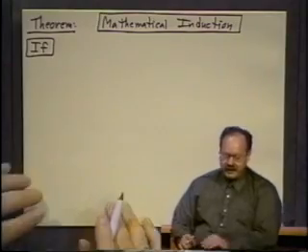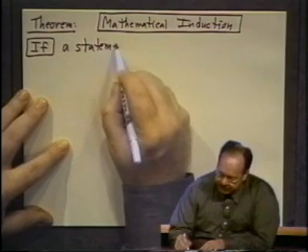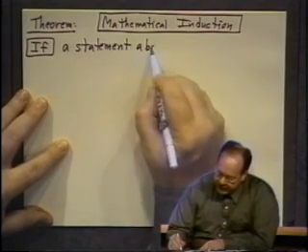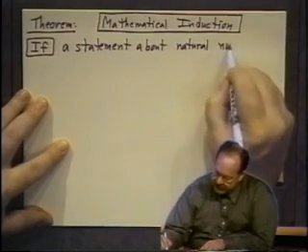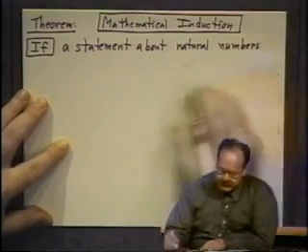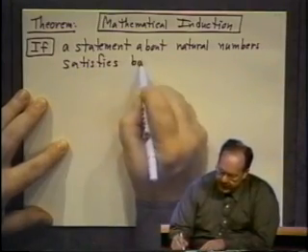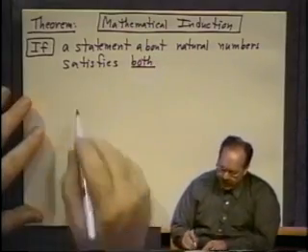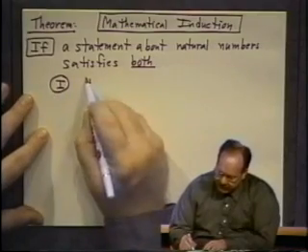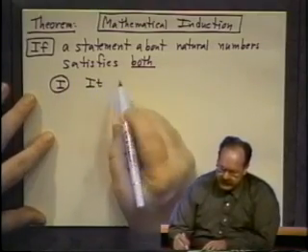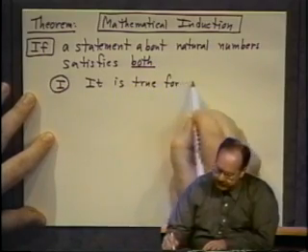But for now, mathematical induction. If a statement about natural numbers, because that's the kind of statement we're talking about here, satisfies both of the following statements, and I'll mark them here, Roman numeral 1: the statement is true for 1.